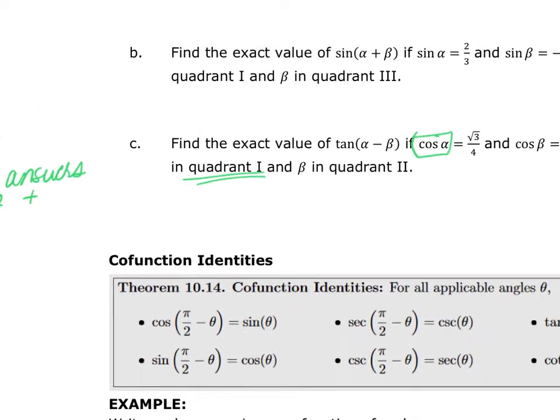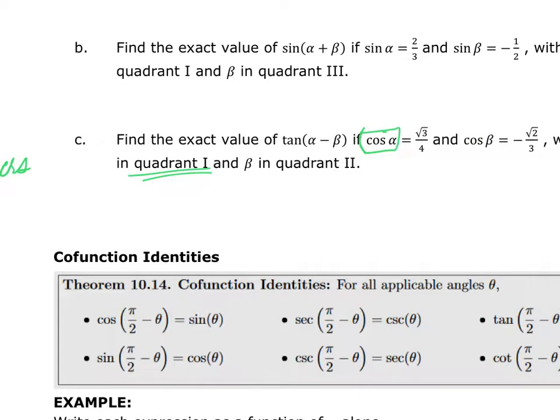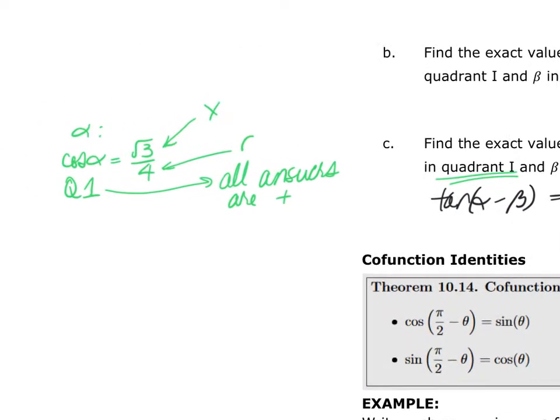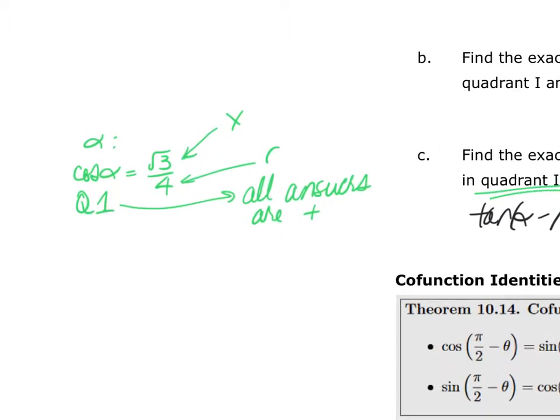When I am asked to find the tangent of alpha minus beta, the tangent of alpha minus beta is equal to the tangent of alpha minus the tangent of beta over 1 plus the tangent of alpha, the tangent of beta. So I need to figure out what the tangent of alpha is with the information that's given to me. I have cosine. How do I find tangent? What am I missing to find tangent? Y. So I need to find y.